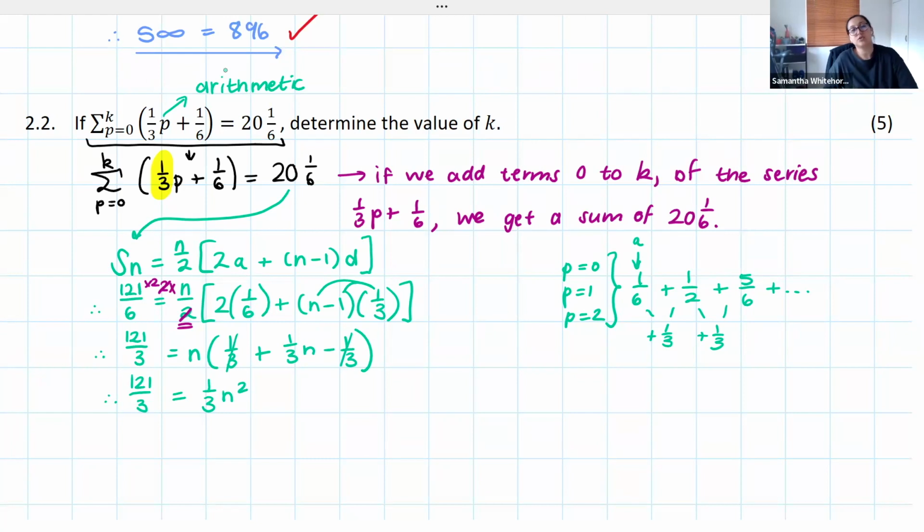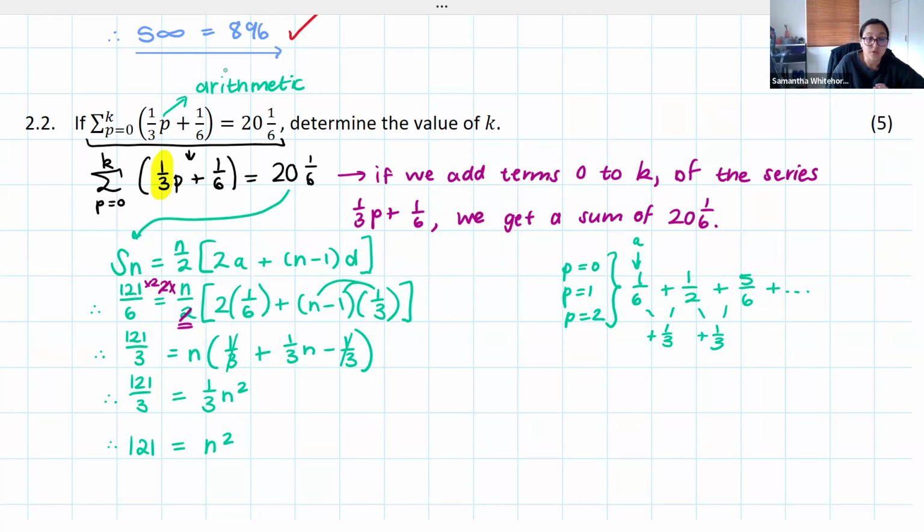Now, guys, what you should also see here is that your denominators are both 3. So yes, you can times by 3 on both sides and cancel them out, but because the denominators are identical, you can just essentially drop them. They're already equal to each other. It's now the numerators that have to be equal. So we're actually working with 121 is equal to n squared.